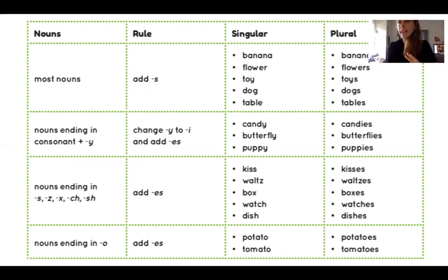Now, in English, we can never, ever spell a word with 3 vowels in a row, okay? So that's why candy is not CANDYIE or something like that. We can never have 3 vowels in a row in terms of spelling, okay?